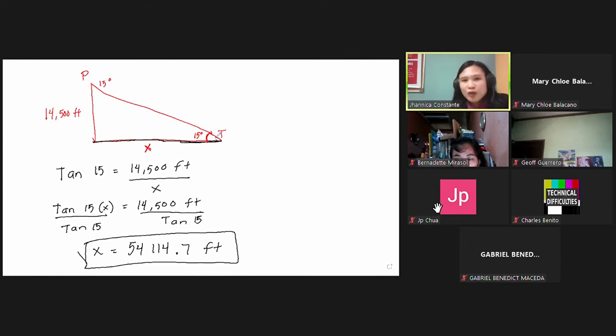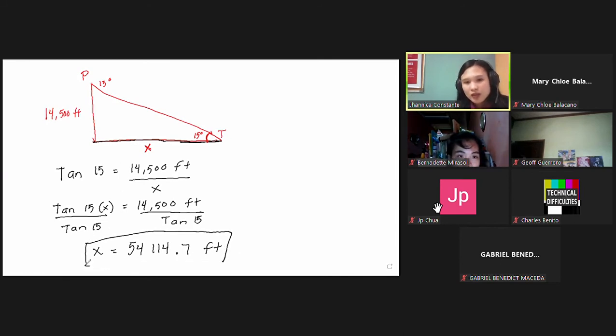So more often in a word problem on angle of elevation and depression, the trigonometric ratio that we're going to use is tangent. Tangent is always used for the angle of depression and angle of elevation, whatever the problem is. So we have 54,114 or 54,115.